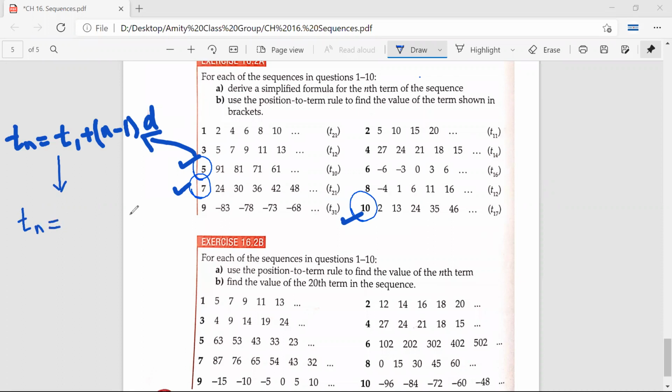So 91 plus bracket n minus 1 bracket 10 is equal to 91 plus 10n minus 10, which is equal to 81 plus 10n.